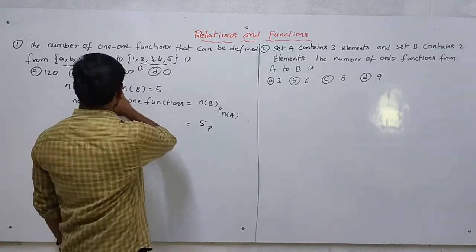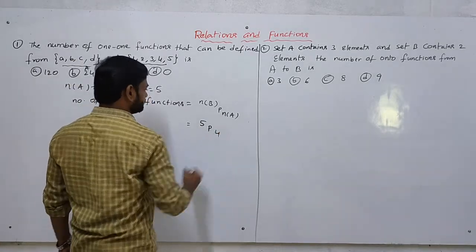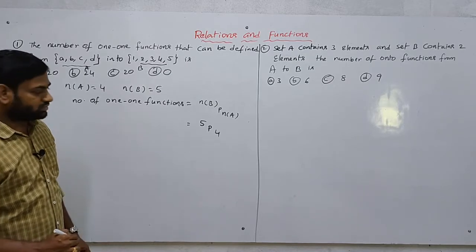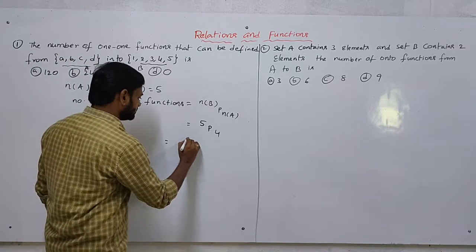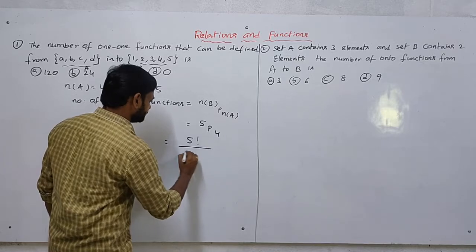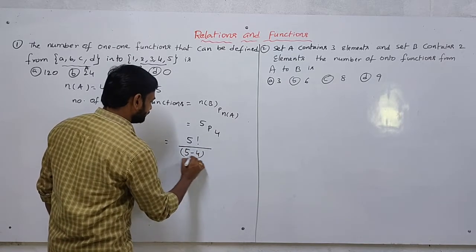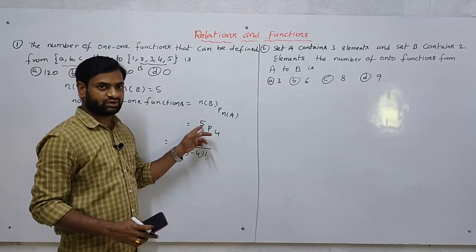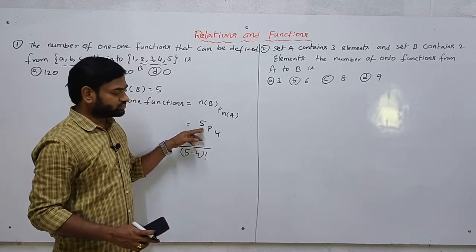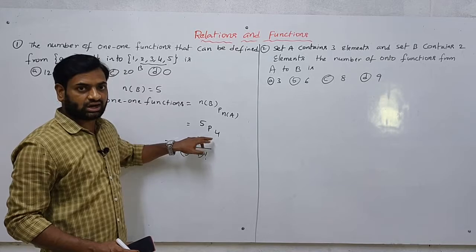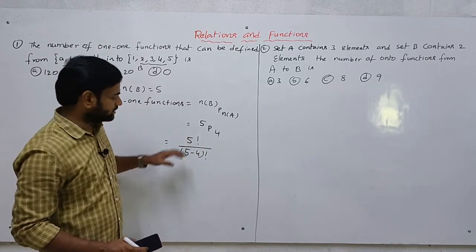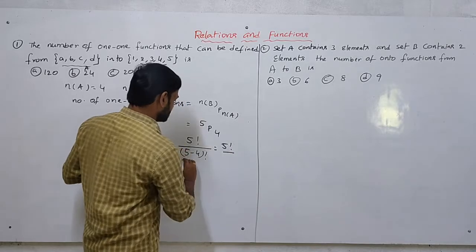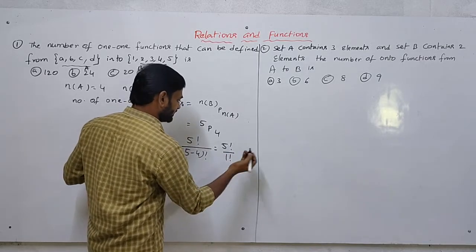Next, n of A, that is 4. So 5P4. How to calculate this? 5 factorial by (5 minus 4) factorial. What is the formula for nPr? n factorial by (n minus r) factorial. That is the formula.